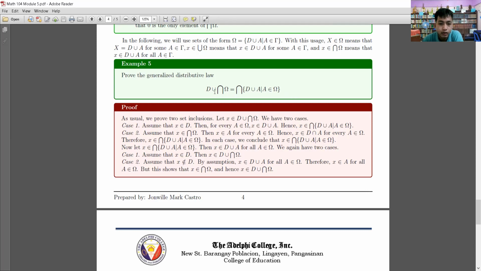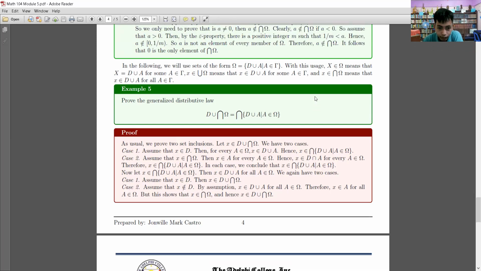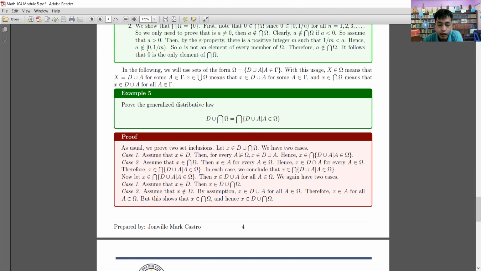So, first case, since union ito, assume that X is in D. Then, for every A in omega, so by definition, for every A in omega, X is in D union A. Okay? Therefore, si X ay nandun sa intersection. Okay? Kasi si D, automatic siyang andun siya lagi.